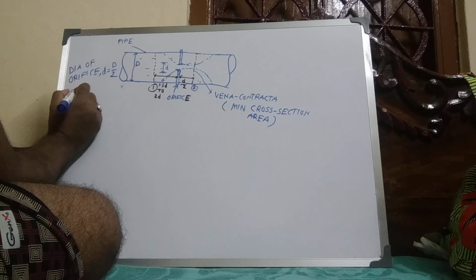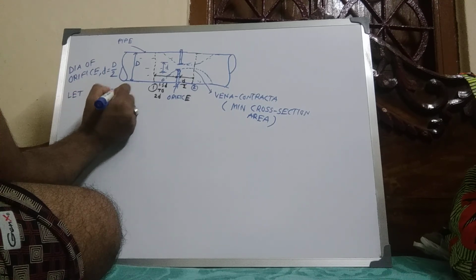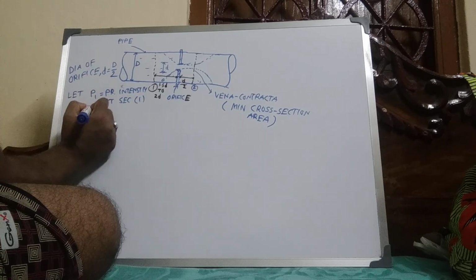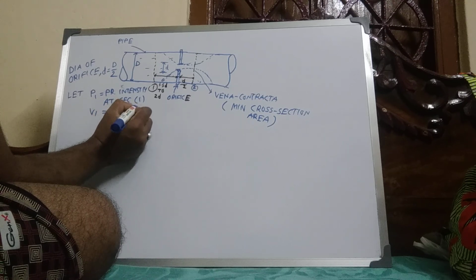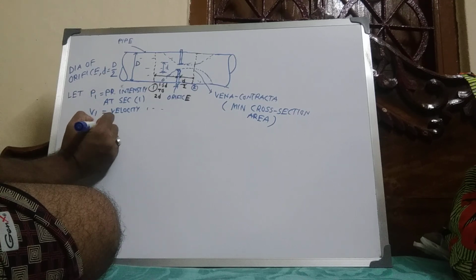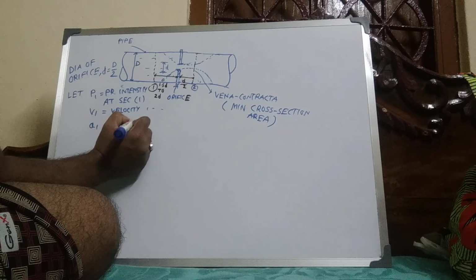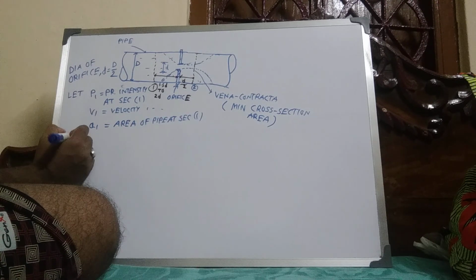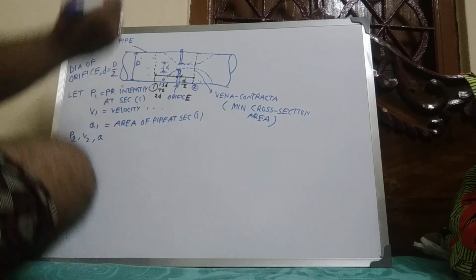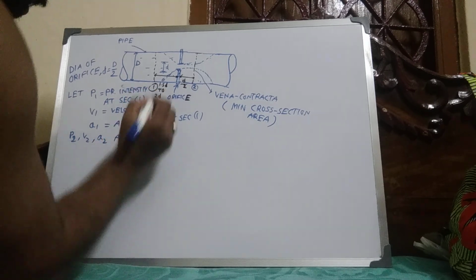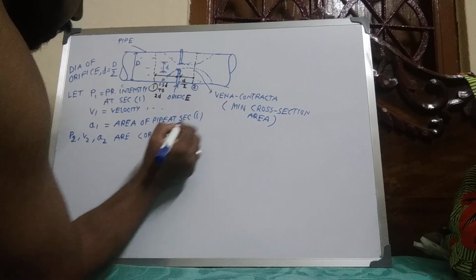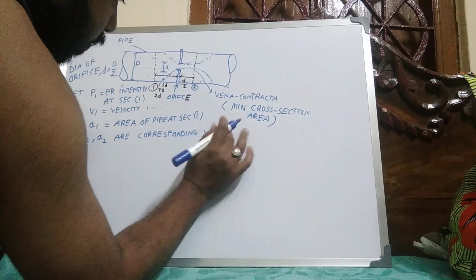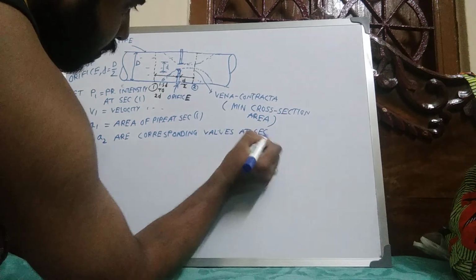Now let P1 equal the pressure intensity at section 1, V1 the velocity at section 1, and A1 the area of the pipe at section 1, and P2, V2, A2 are the corresponding values at section 2. Understand?